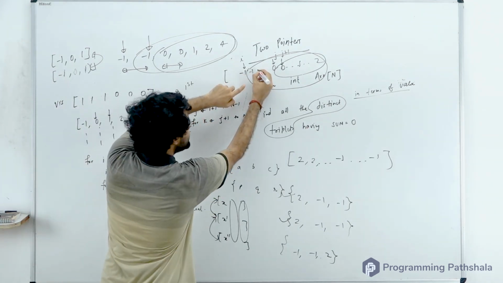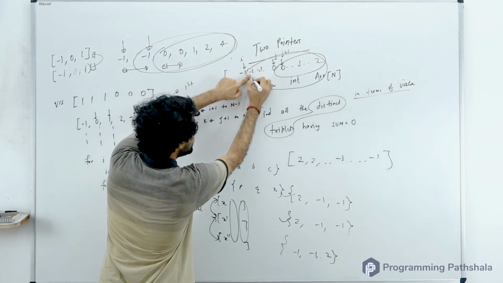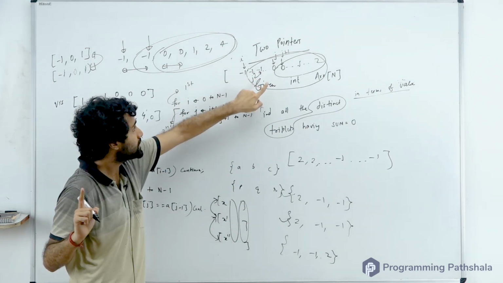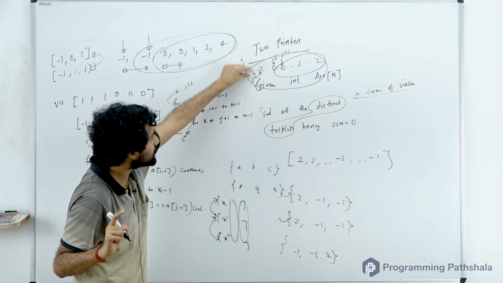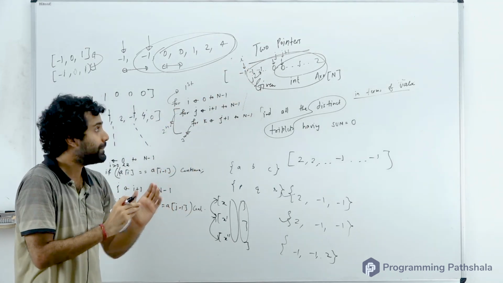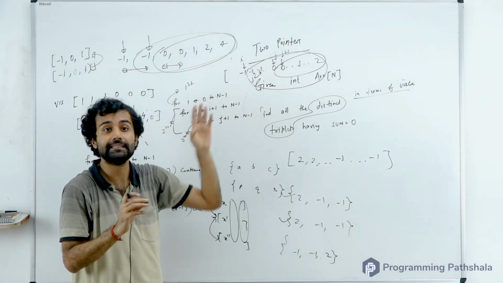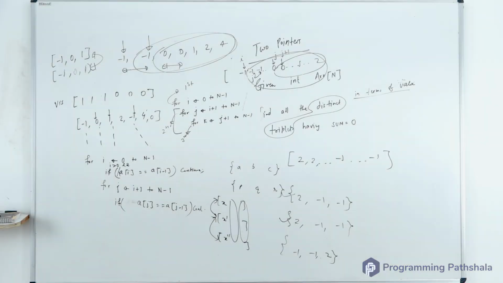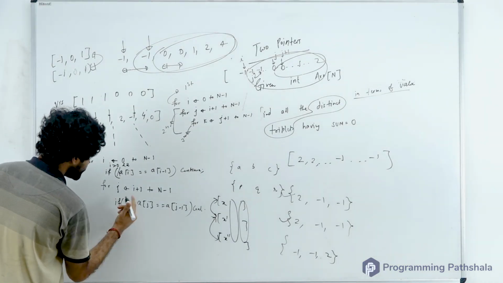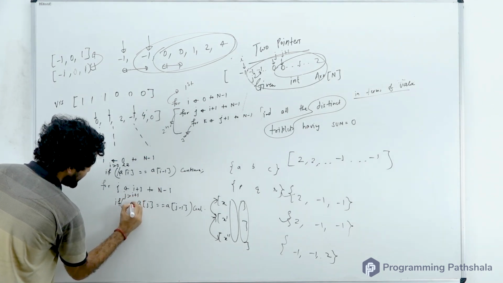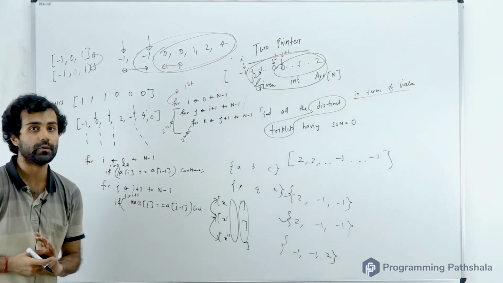But would you want to consider this after you have considered j as this? No. So the first thing will always be considered, but the second thing, third thing, fourth thing, if they are a copy of their previous thing, then they will not be considered. So if j is greater than I plus 1 and this is the case, then you would want to continue.